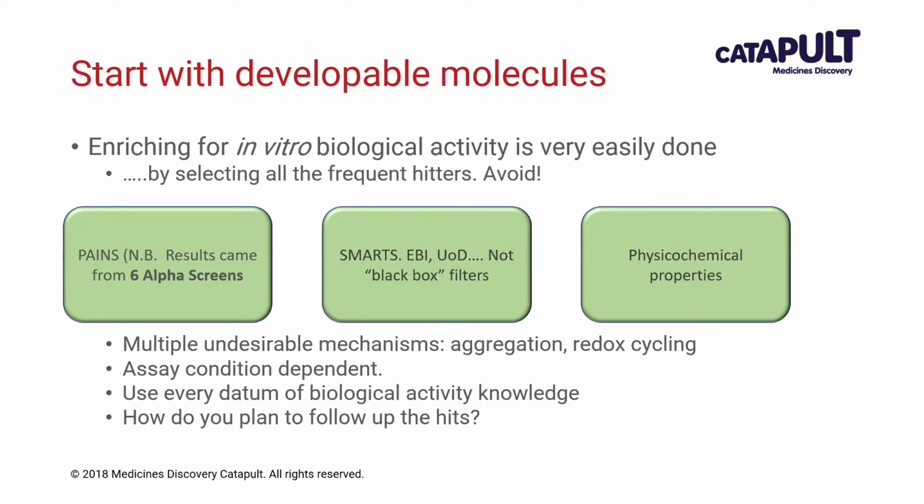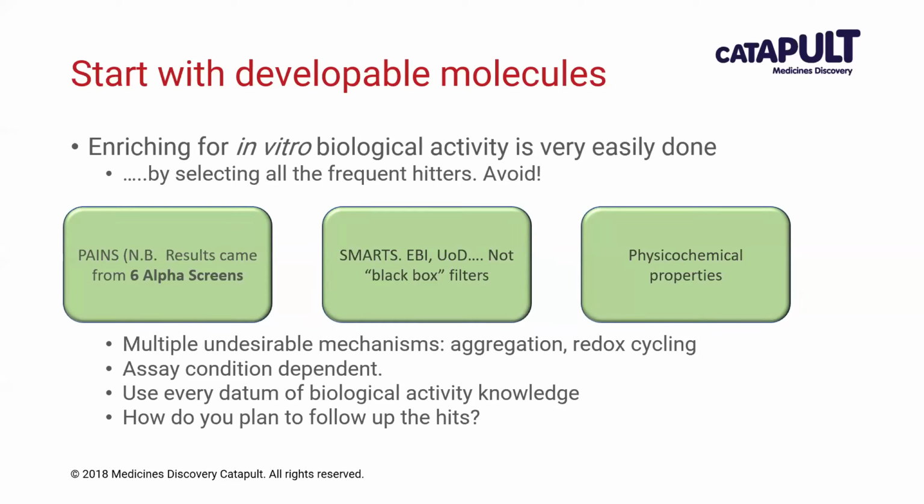You really don't want compounds that hit across multiple assays through bogus mechanisms, aggregation, oxidation, that kind of thing. It's important to remember, though, that the results from that initial PAINS paper came from only six AlphaScreens. So if you're using a different assay technology, you might not want to use these as hard filters to remove compounds.